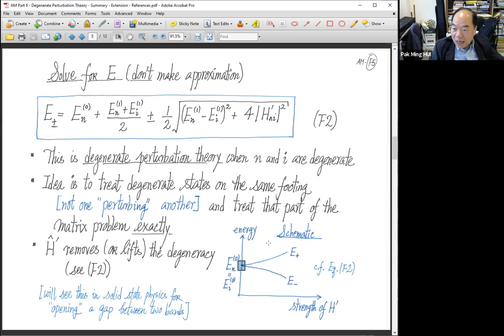When this H prime effect is stronger and stronger, through degenerate perturbation theory, this degeneracy is removed, or lifted, so-called. So this graph schematically shows you that as the perturbation H prime matrix element becomes stronger and stronger, the energy difference of these originally degenerate states becomes bigger and bigger. So that is the effect of H prime. It removes the original degeneracy.